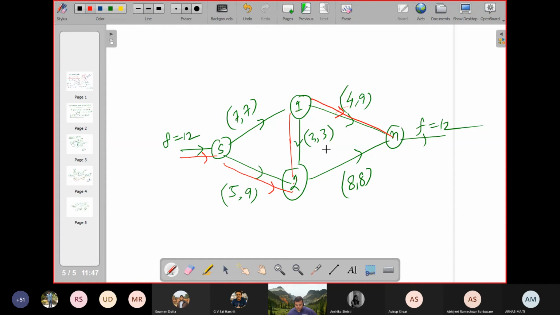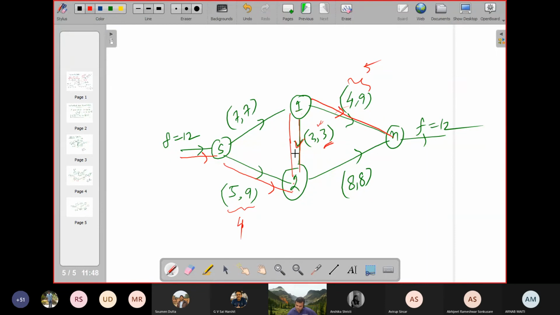Now you are seeing here, what is the remaining capacity? 4. And here what is the remaining capacity? 5. And what is the capacity of this arc? 3. So if I consider this augmenting path, the maximum amount I can flow through this path is 3, because its capacity is 3.